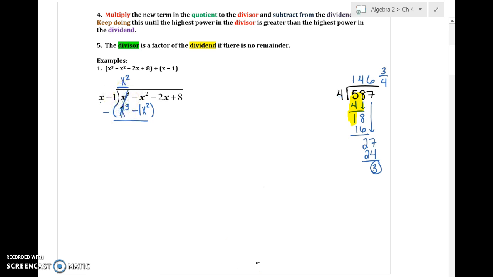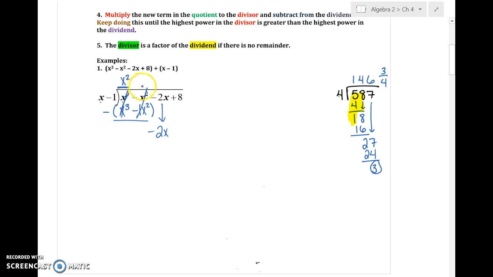That first part should always cancel. If it doesn't, you did something wrong. Then we have negative x squared minus a negative 1x squared, which should be plus. It cancels, which is not common, but oh well, we'll deal with it. Then we would bring down negative 2x and start a new cycle.